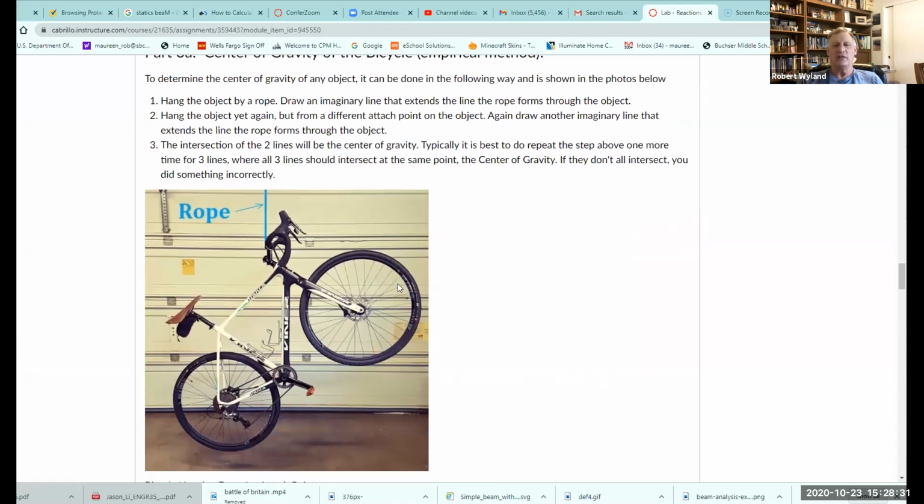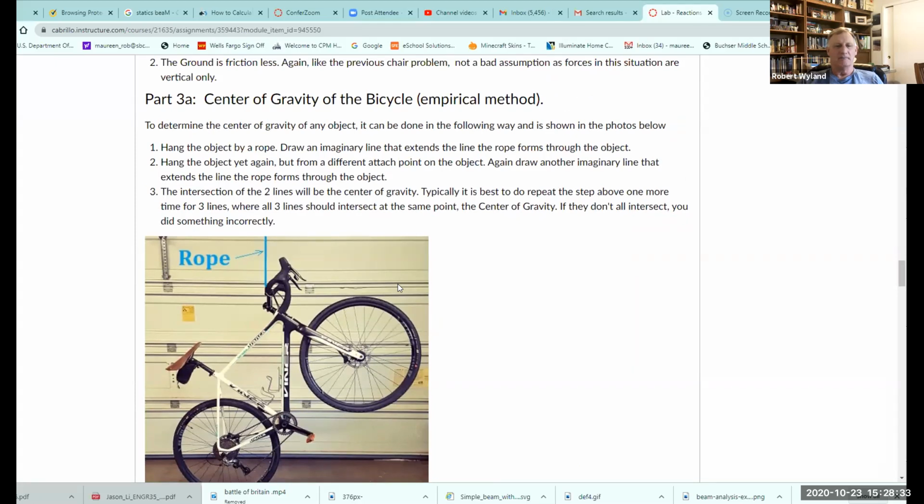I'm not sure if any of you are familiar with this. The next thing I want to show you is how to get the center of gravity, really of anything, but in this case, a bicycle, through what's called an empirical method. It's not through any calculation of a whole bunch of center of gravity weights to discover where the center of gravity is based on all those locations.